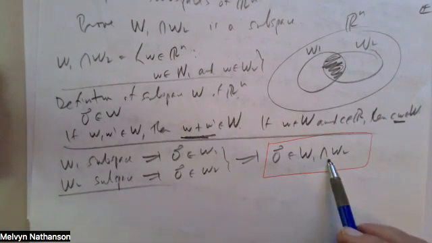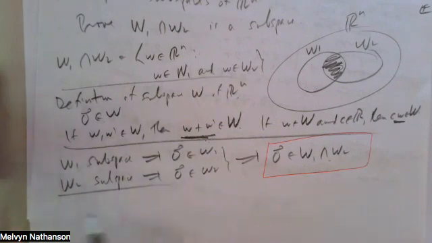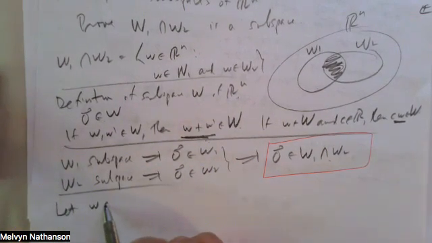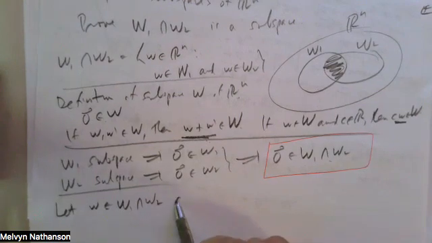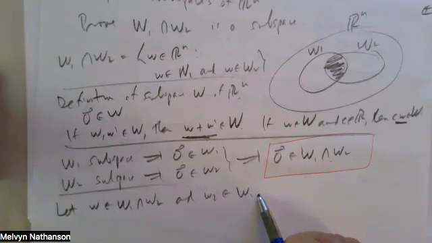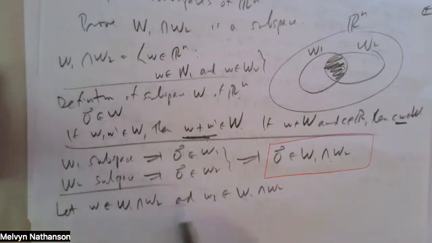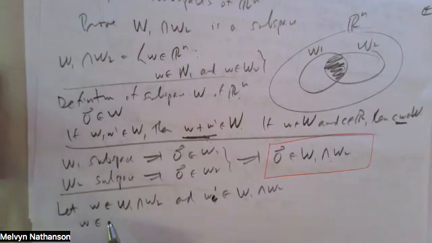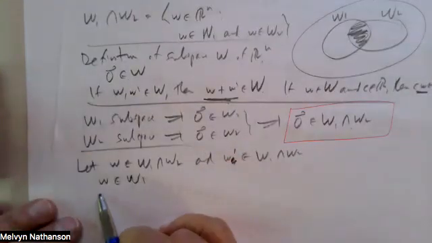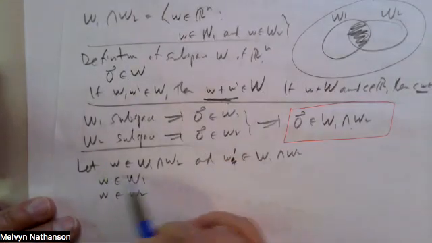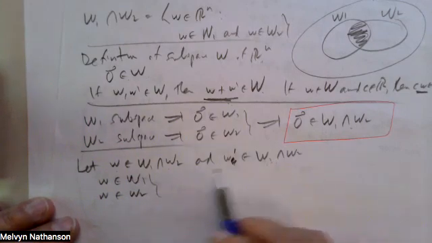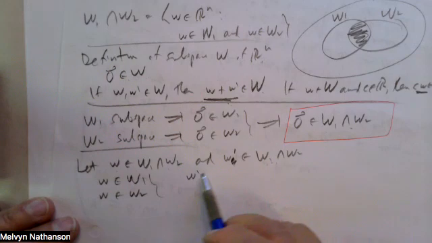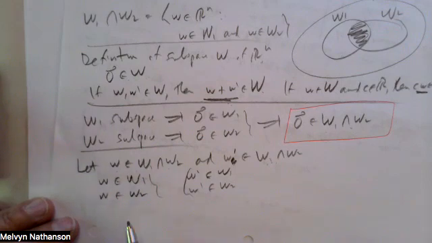Now we have to show the intersection is closed under vector addition. Say W and W prime are in the intersection. If W is in the intersection, that means W is in W1 and W is in W2. And if W prime is in the intersection, that means W prime is in W1 and W prime is also in W2.